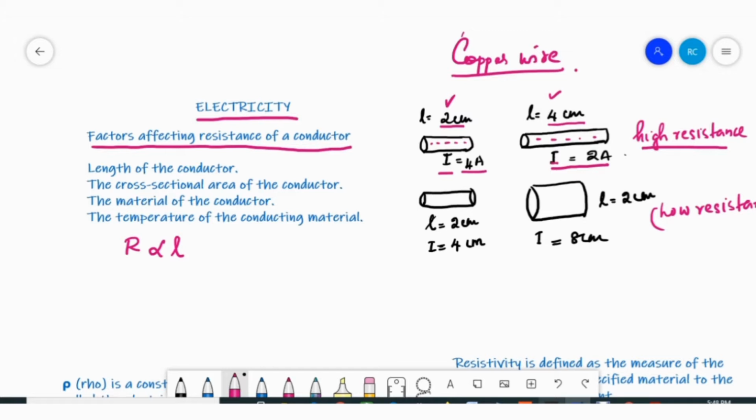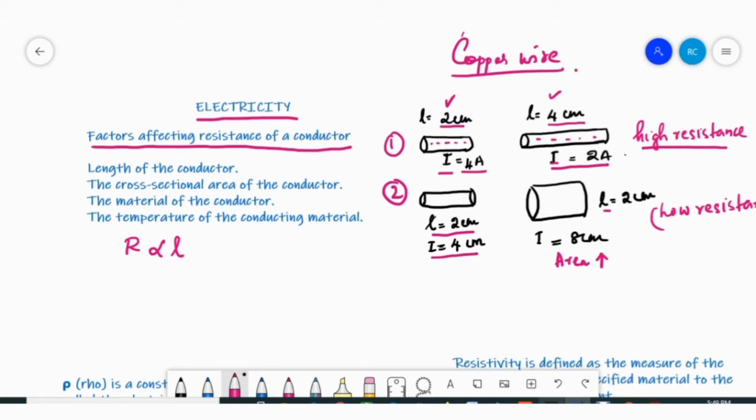Now, look at the second example. Length is 2 centimeter. But we are considering the same conductor, copper wire, but the area of cross section will be more than the first one. Area we have increased over here.